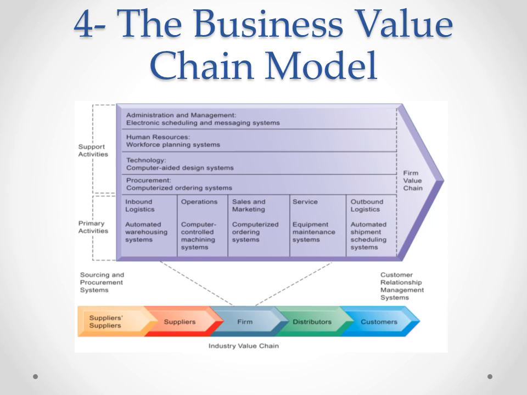Let us look at this diagram. We can notice on the left support activities, like administration and management, human resources, technology, computer-aided design, procurement, computerized ordering systems. And then the primary activities: inbound logistics, operations, sales and marketing, service, and outbound logistics.